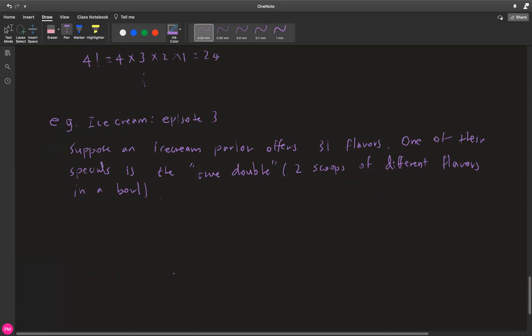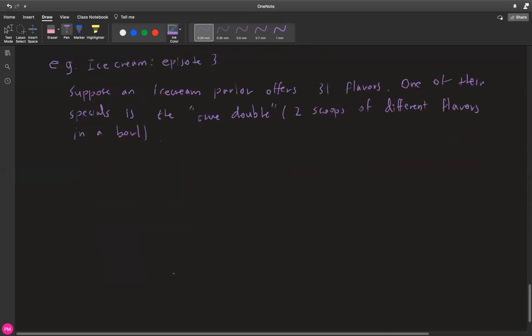So let's solve this problem in 2 different ways. This is the first way of solving this.